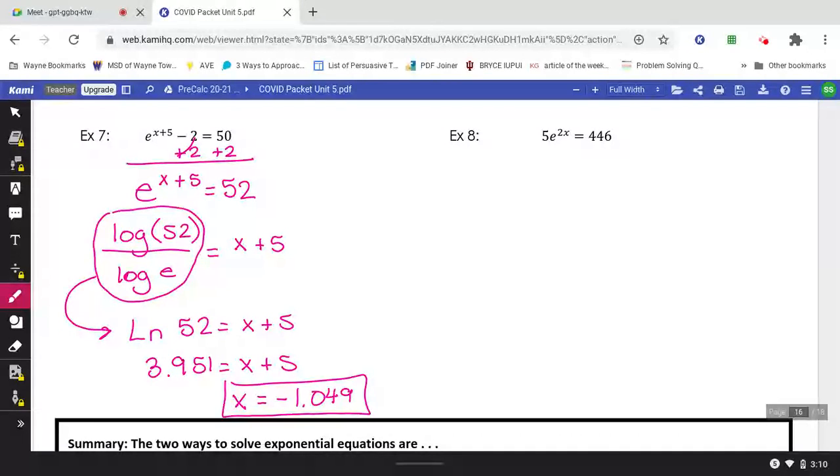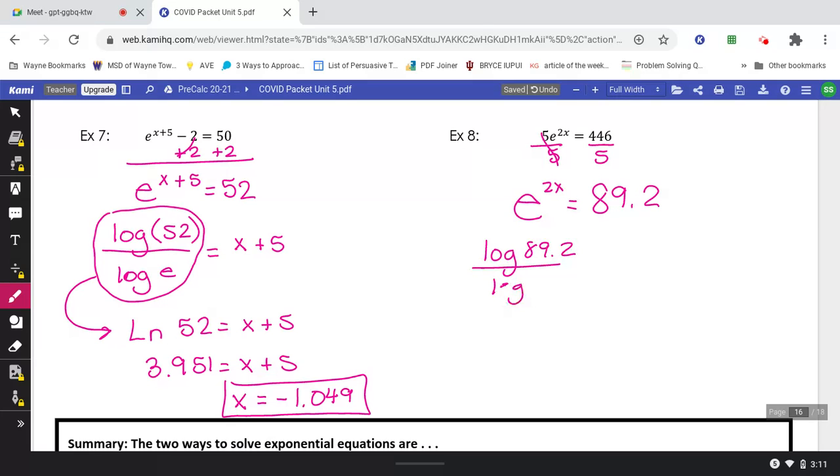And example number 8, I'm going to divide both sides by 5 first. Gets me 89.2. And again, I'm going to have to type it in as the log of 89.2 divided by the log of e.